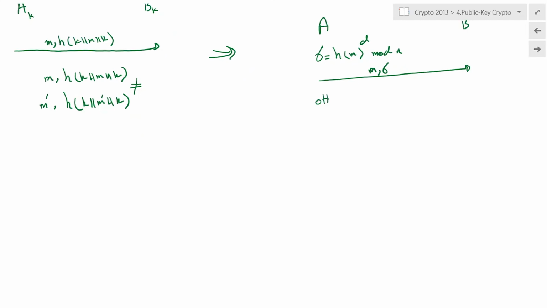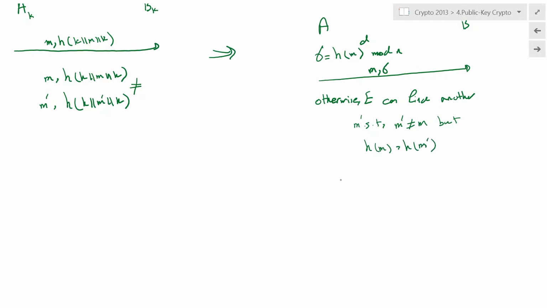Otherwise, Eve can find another M prime such that M prime is not equal to M, but hash of M equals hash of M prime, right?